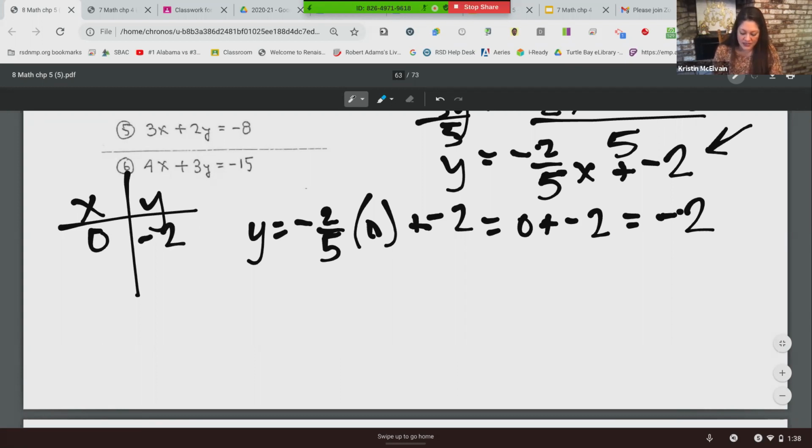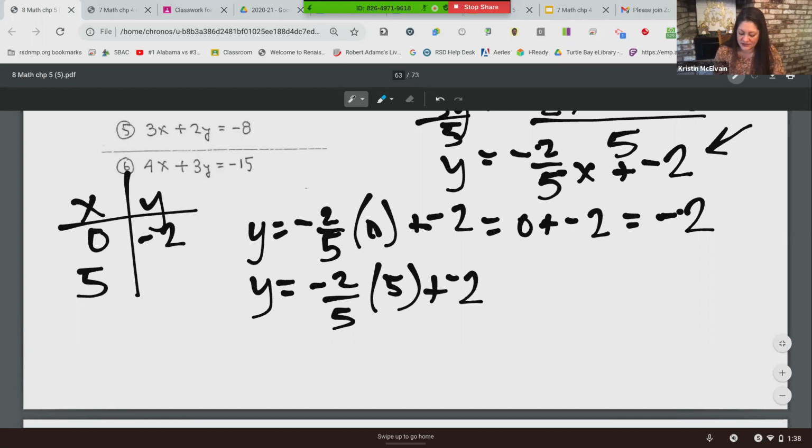Okay. Next one, I'm going to use an input value of 5 because that's my denominator of my slope, and that is going to give me a whole number. Okay. -2/5 times 5 plus -2. Of course, that's a 5/1.